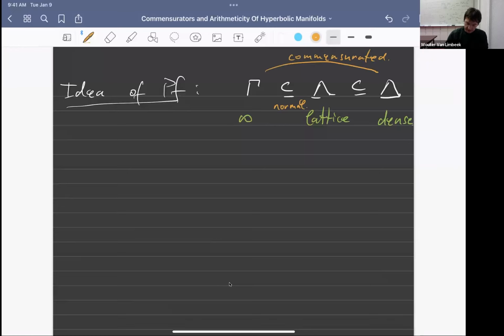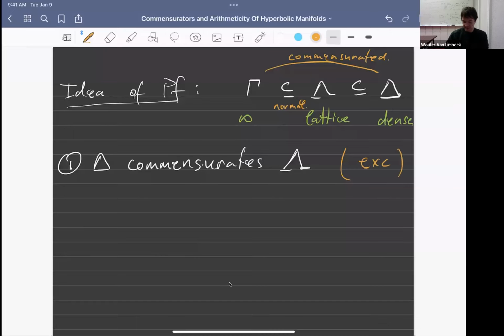Okay, so step one is to show that delta doesn't just commensurate gamma, but also this lambda. This is not so difficult, but it's very useful. And if you want an exercise, then you can do this.